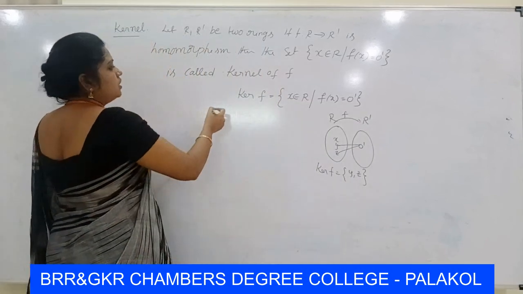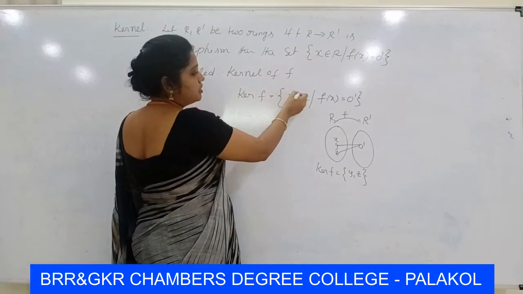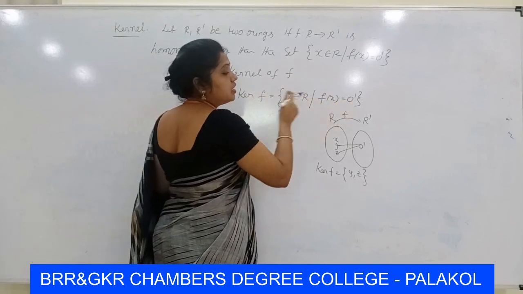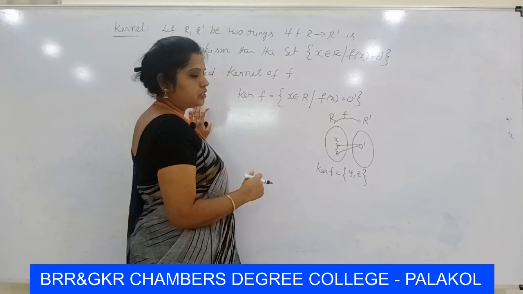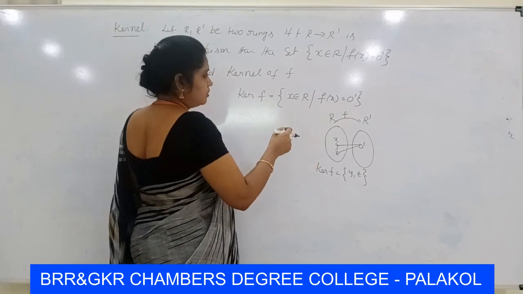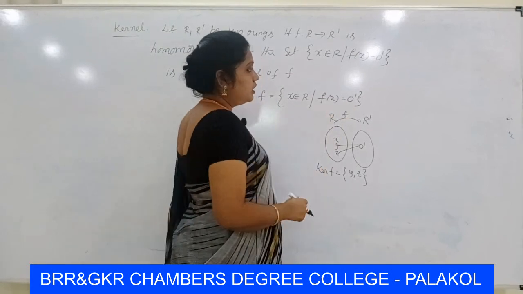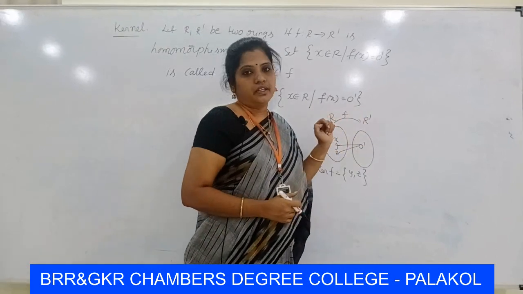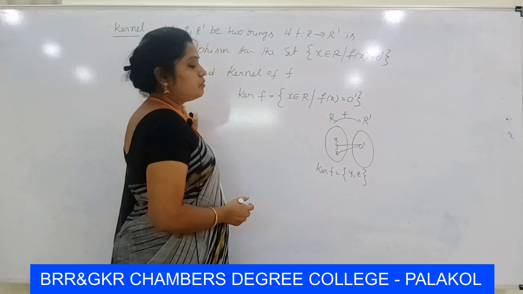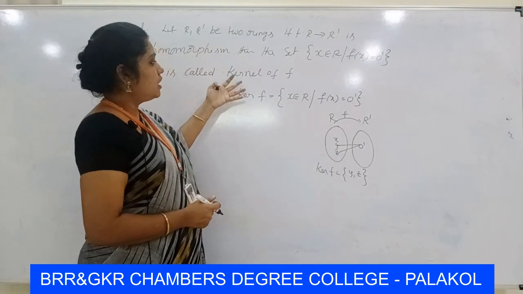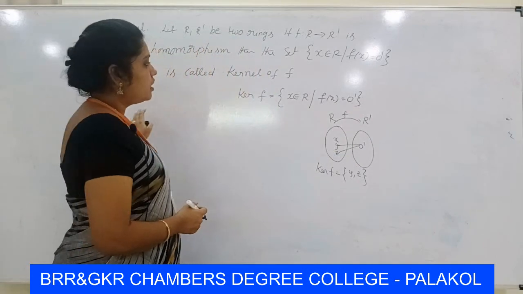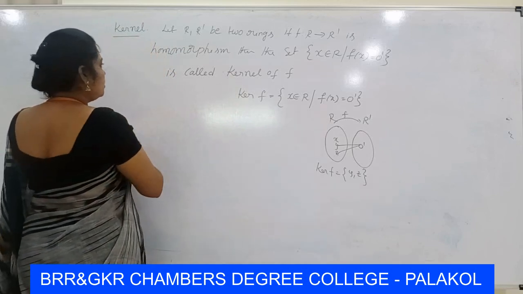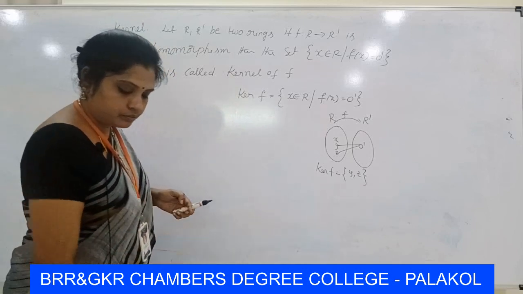So the kernel F is the elements of R which satisfy the equation f of x equals 0 dash. Those elements are associated to only the zero element of R dash, and they are called the kernel F of the homomorphism F. Now we see the theorem.